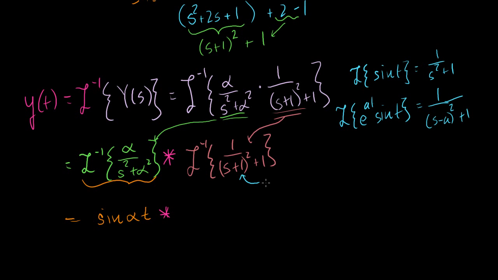Then it fits this pattern. This is s minus negative 1. So the inverse Laplace transform of this thing right here is just e to the a t, which is minus 1 t, times sine of t.